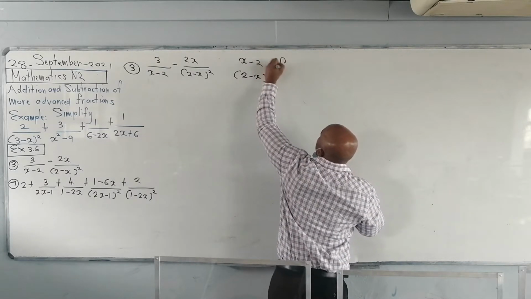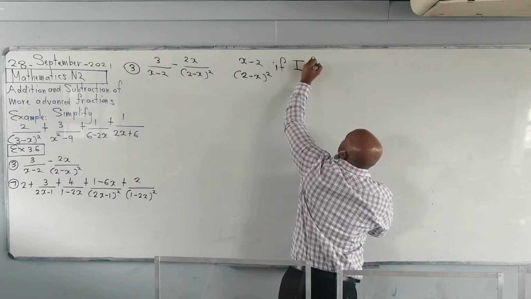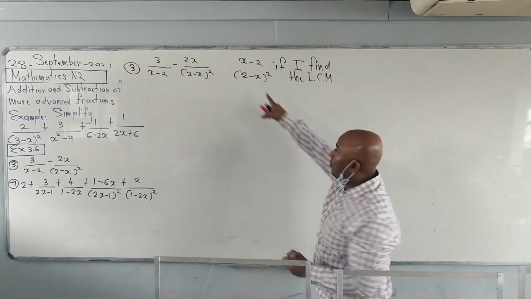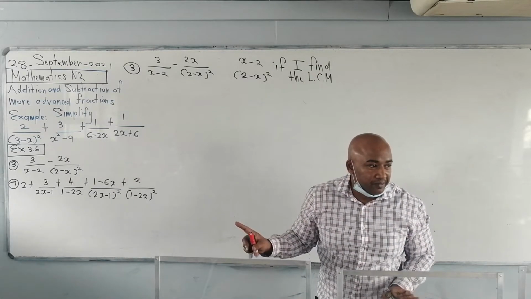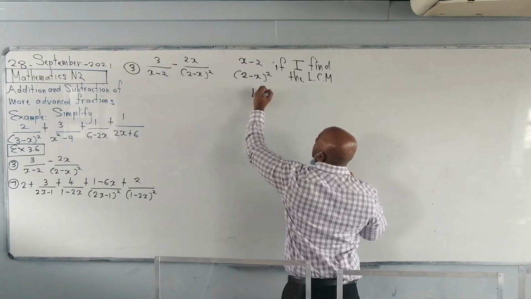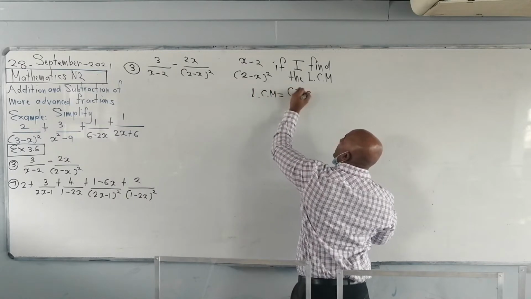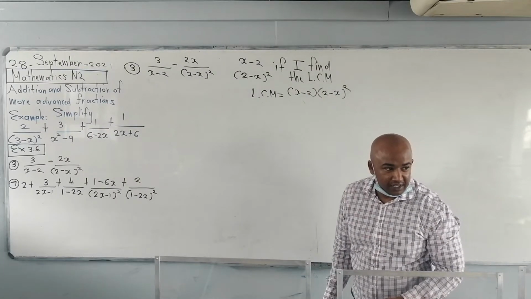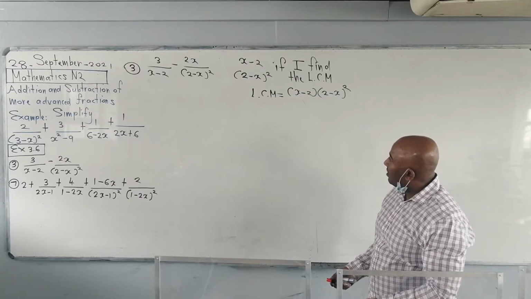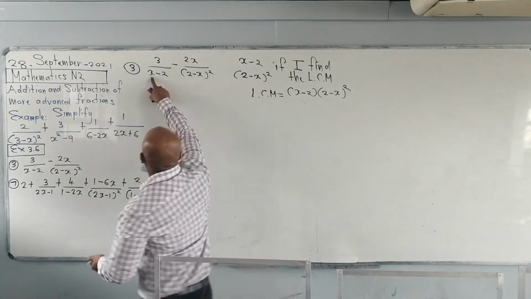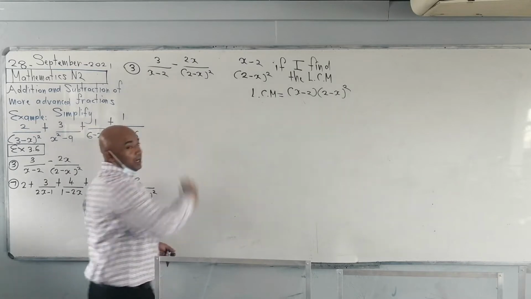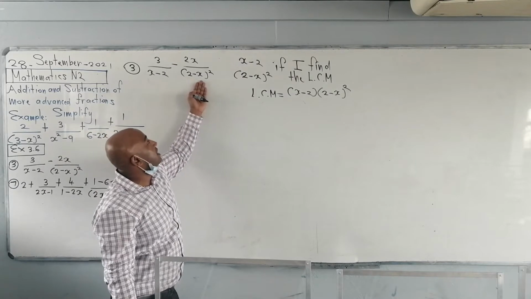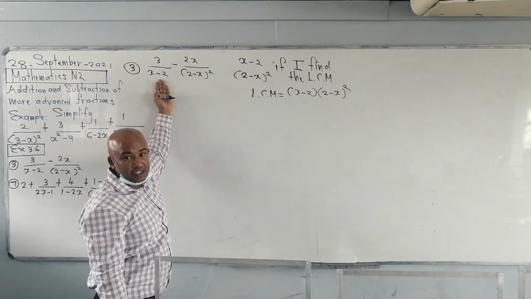If I find the LCM without doing any tricks, then the LCM is going to equal x minus 2 times 2 minus x all squared. It means I need to multiply x minus 2 by 2 minus x all squared, and then multiply 2 minus x all squared by x minus 2.